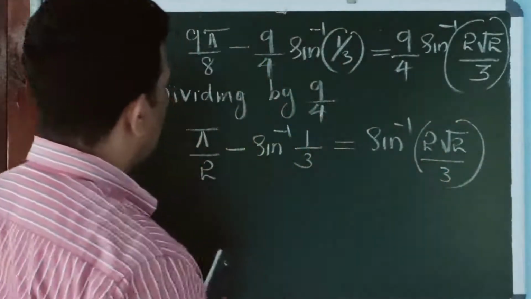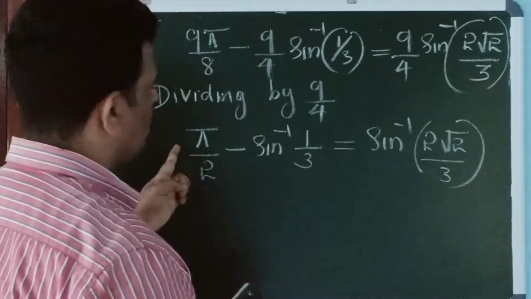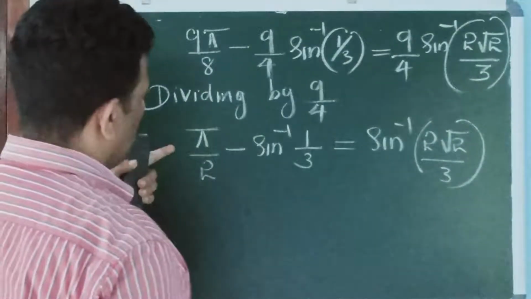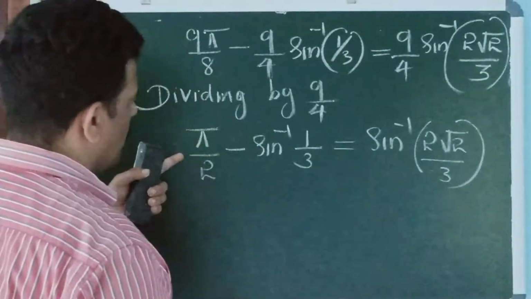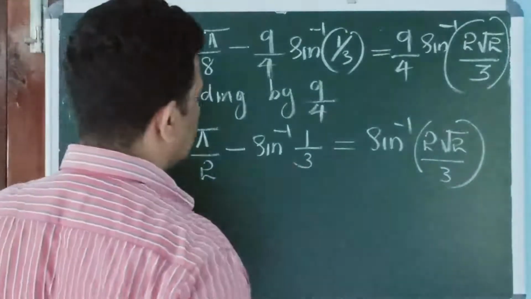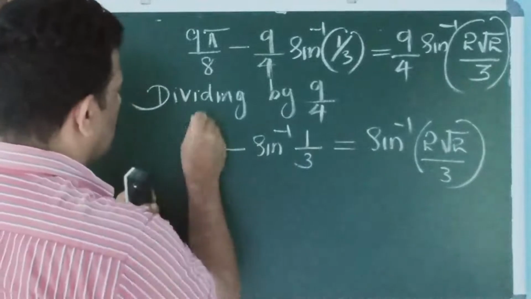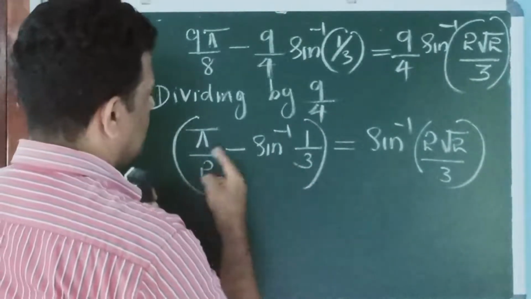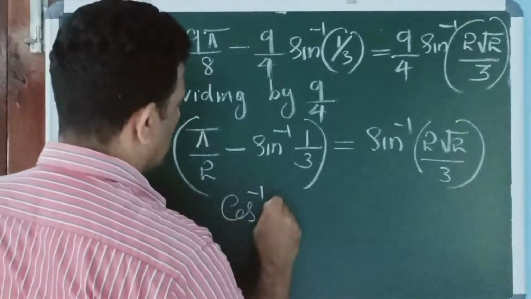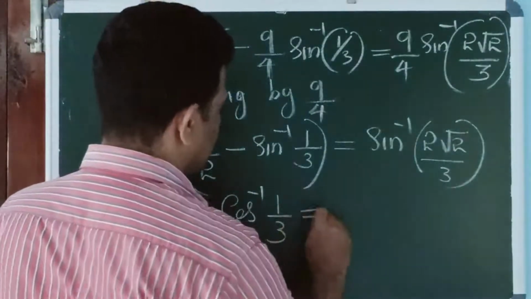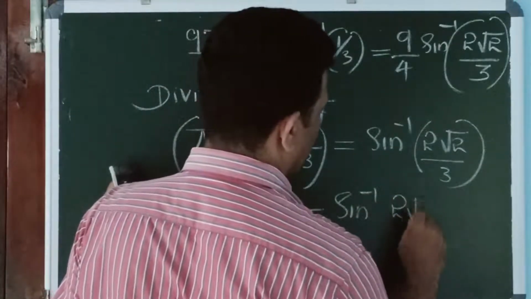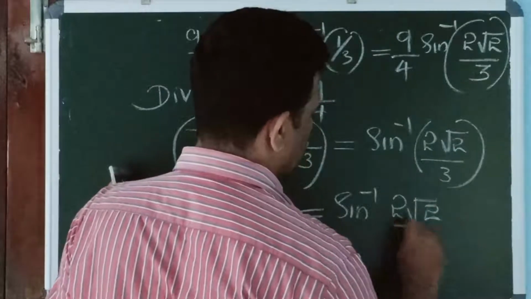That means if you want to prove this, it is enough to prove this form of the equation. Now, using the fourth property of inverse trigonometric functions, we can write sin inverse 1 by 3 plus cos inverse 1 by 3 is equal to pi by 2. Therefore, pi by 2 minus sin inverse 1 by 3 is equal to cos inverse 1 by 3, which is equal to sin inverse 2 root 2 divided by 3.